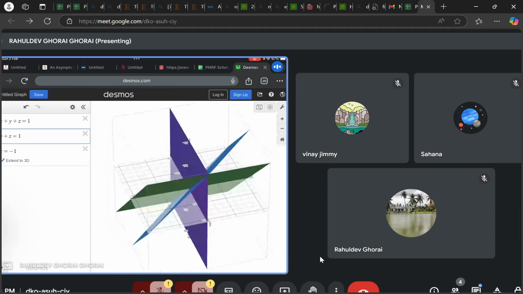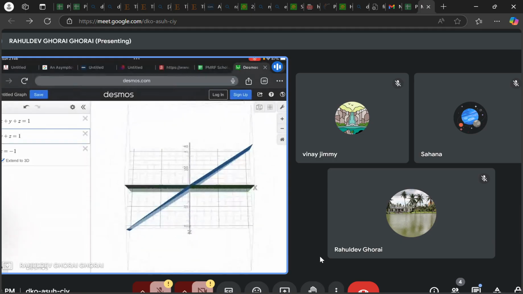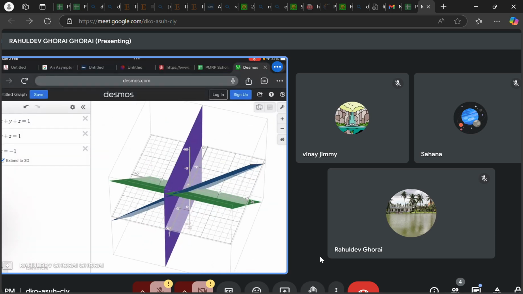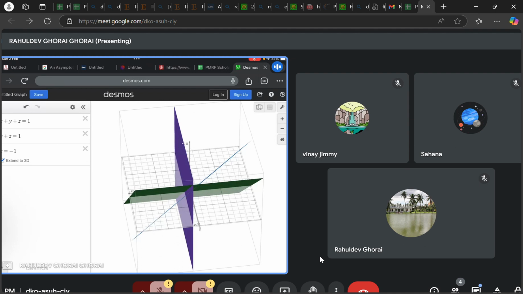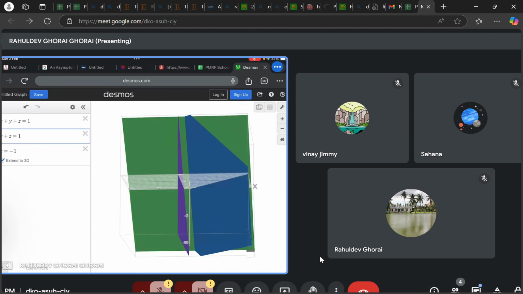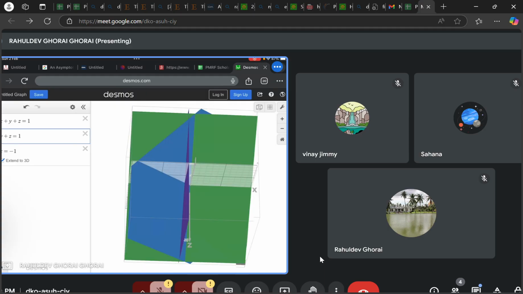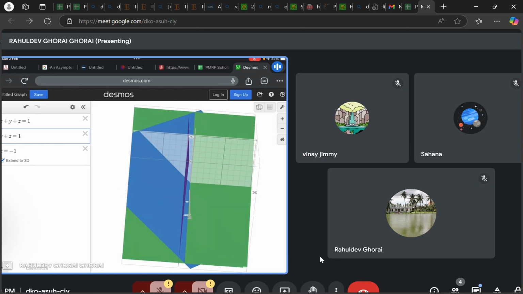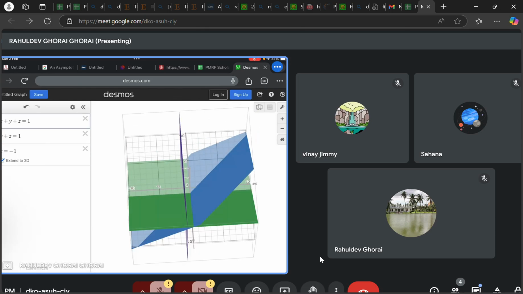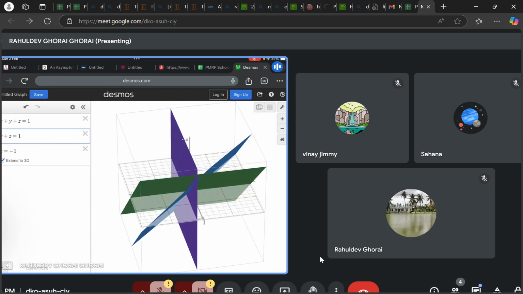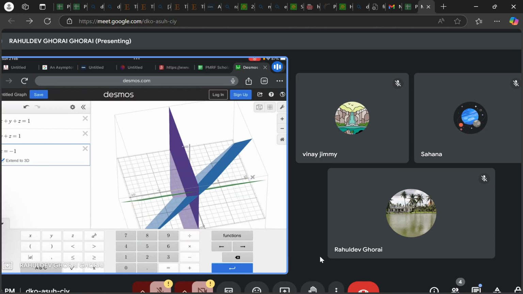So you have these three planes, but if you see it by zooming, the intersection of these three will give you another surface, which is the union of, sorry, one minute. I mean, you have to draw in such a way that the intersection will give you one plane.